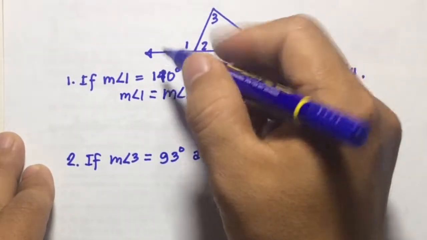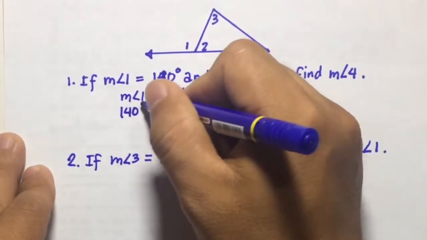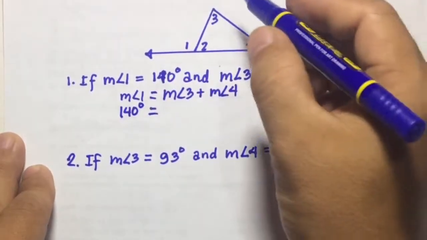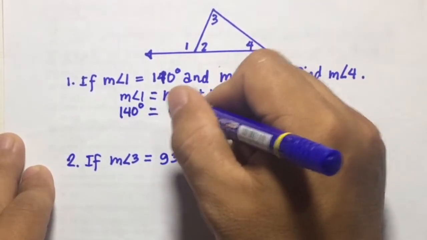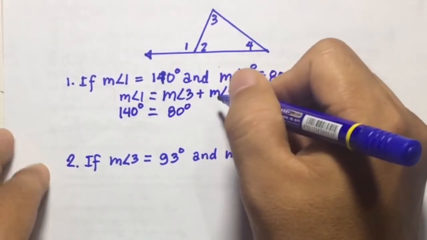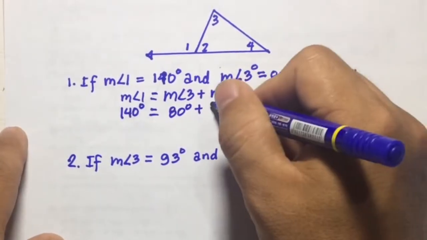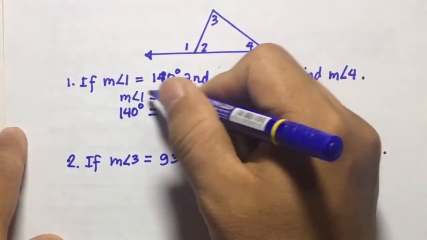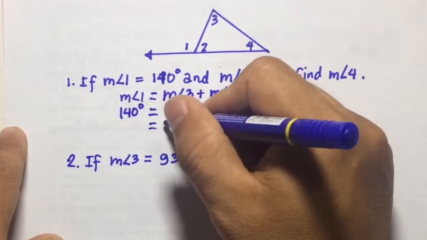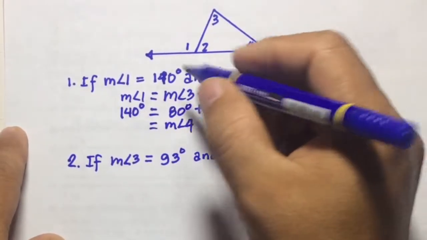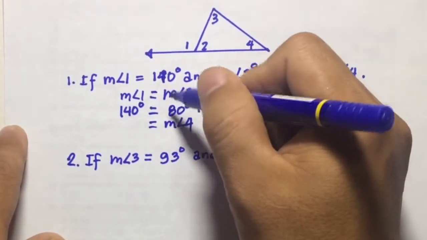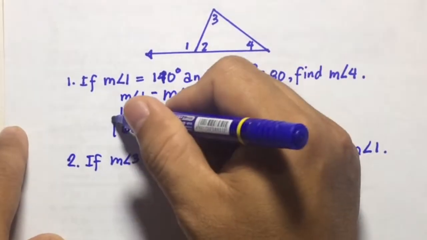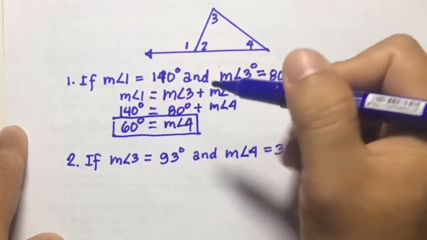Given that the measure of angle 1 is 140 degrees, we substitute: 140 degrees equals 80 degrees plus the measure of angle 4, which is the unknown. Transposing 80 to the left side, measure of angle 4 equals 140 minus 80, and that will be 60 degrees. So the measure of angle 4 is 60 degrees.